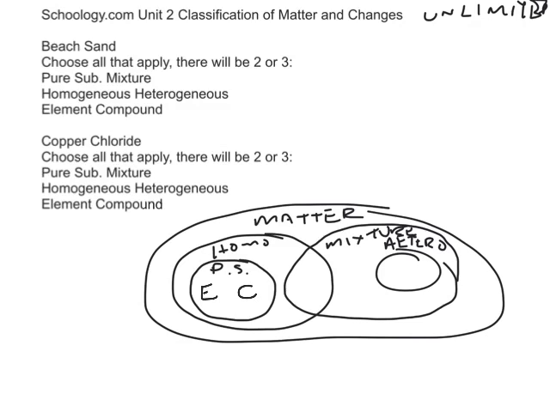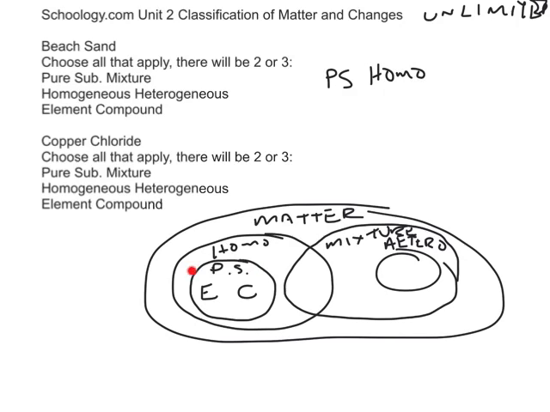So if you kind of keep this in mind, you can see that there's only 3 possible arrangements of check marks that you should do. If you think something is a pure substance, that means it cannot be a mixture, because those 2 are opposite. See, pure substance is here, doesn't overlap with mixture. Everything that is pure substance is homogeneous by definition.